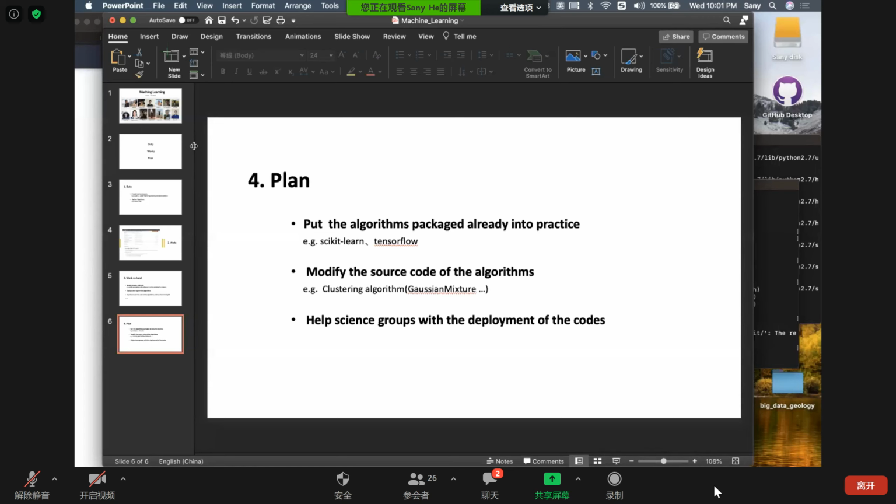If your science group needs their help, especially their technical assistance, you can contact me, because I will try my best to find you proper candidates and let them work in your science group to help with the deployment of the course. And that's all. Thank you.